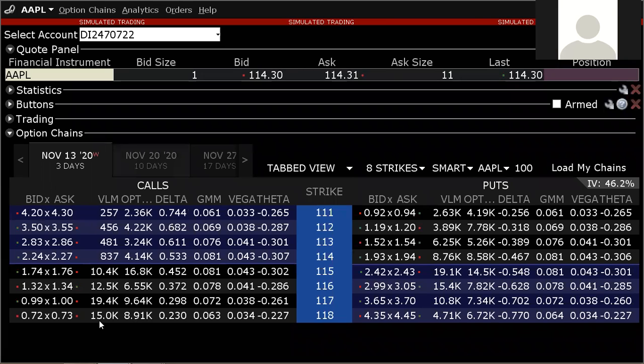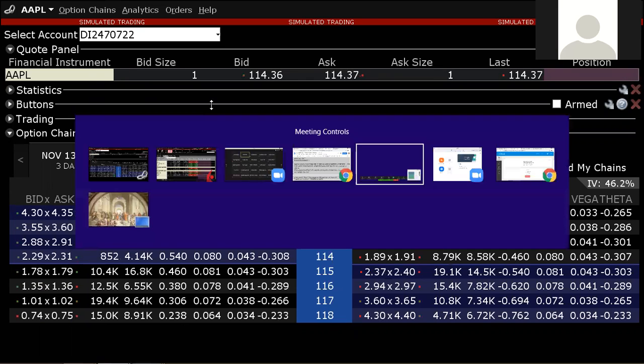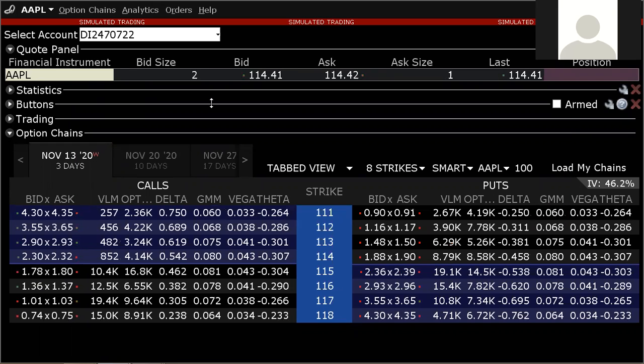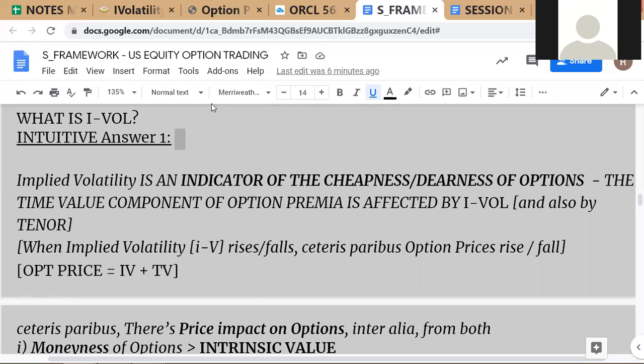All right. So remember, these are options on Apple. On the top, you see the display for Apple shares, underlying shares of Apple. Okay, so 114.30, 31. We can see where it is in terms of, let's look at the chart of Apple.